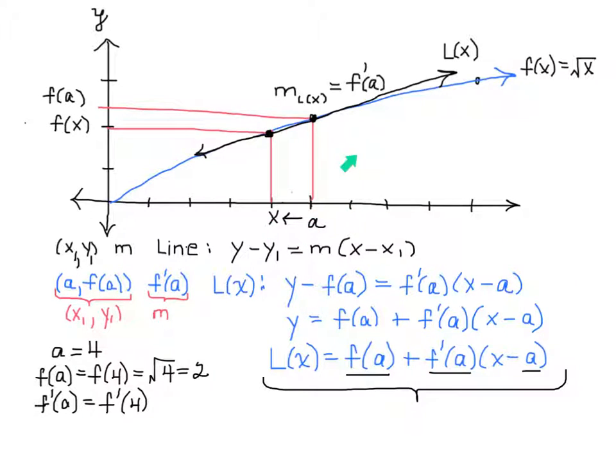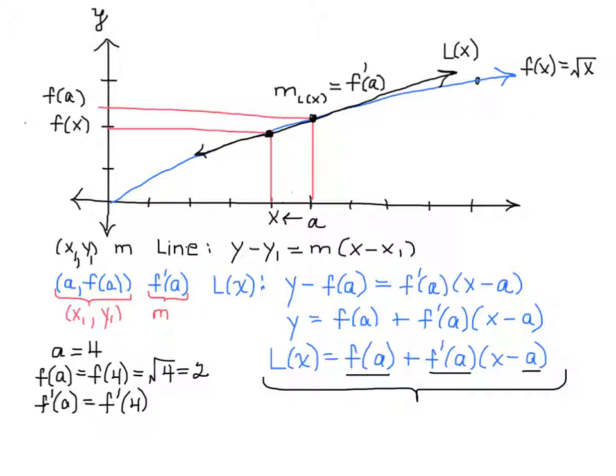Or we could work on this side, to the right, and find the value of the square root of 4.1. So we can find it because they're going to have pretty close to the same height on this line, L of x, our secant line, as we do on our curve, which is the square root of x.